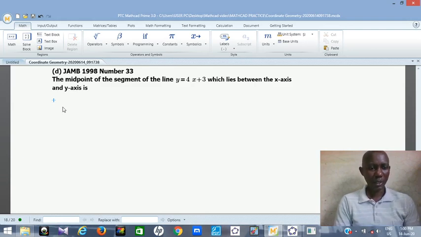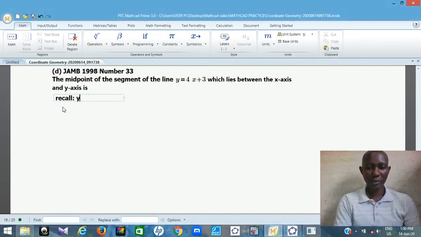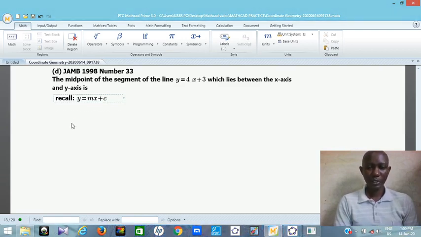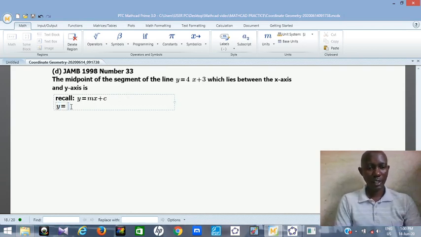So if it passes through those 2 points, I think that is where something good will help us in this question. Because if you recall, the general equation of a line, this formula is very important, y equals mx plus c. Let me put the question down now, which is y equals 4x plus 3.